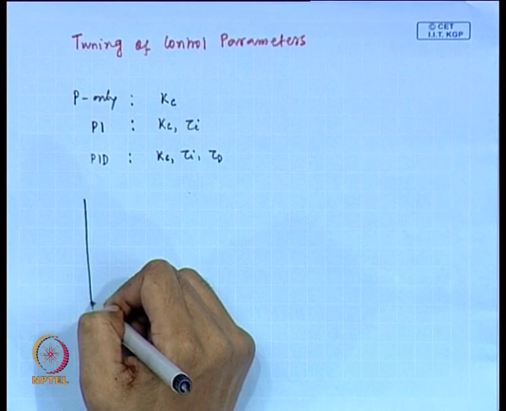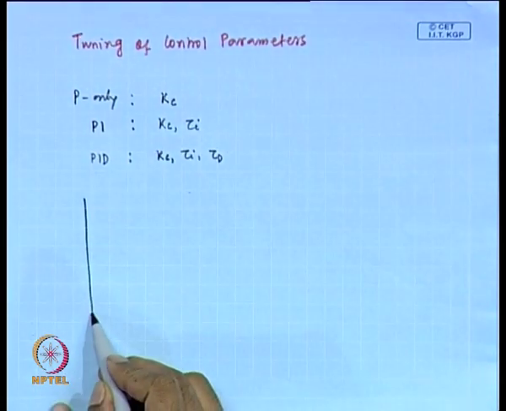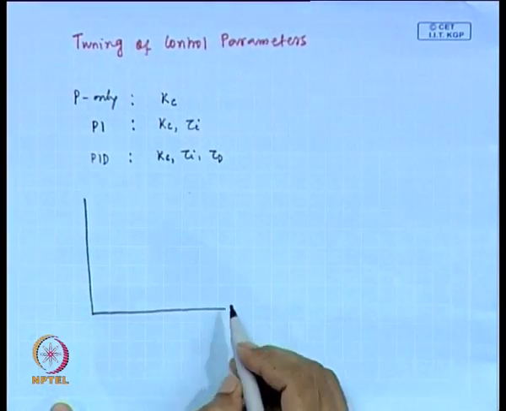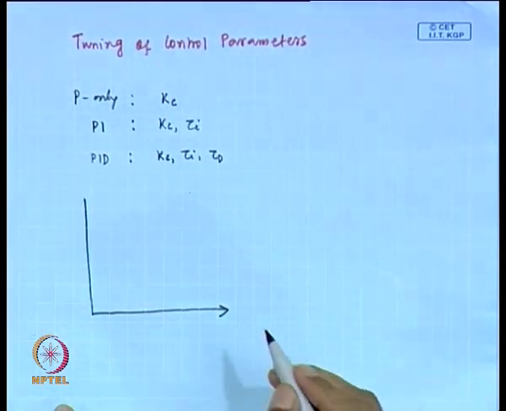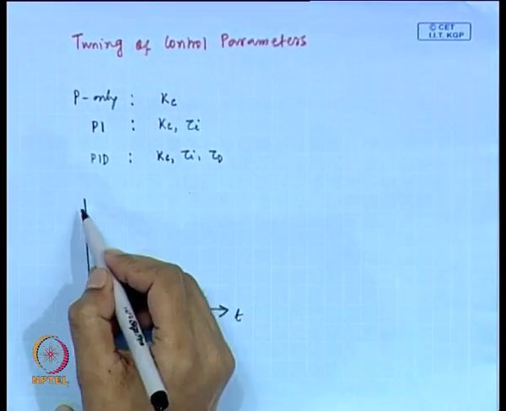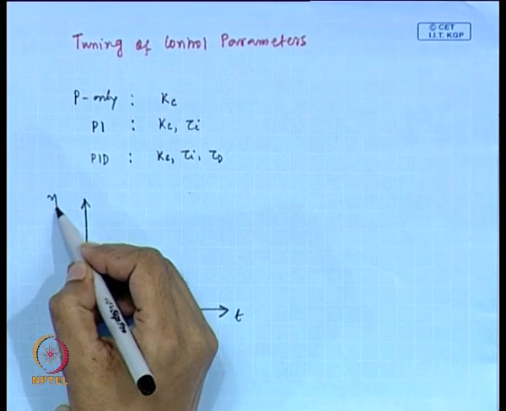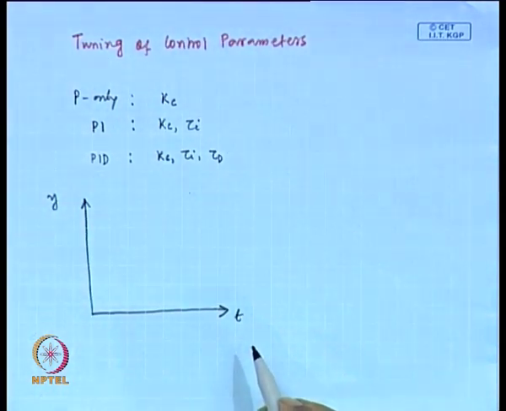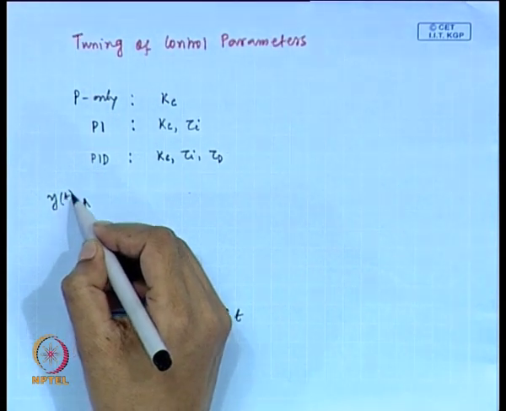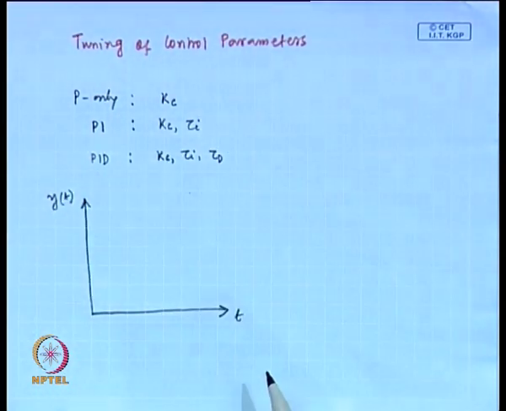If we take a simple example, where we make a plot between closed loop process output y(t) and time t.